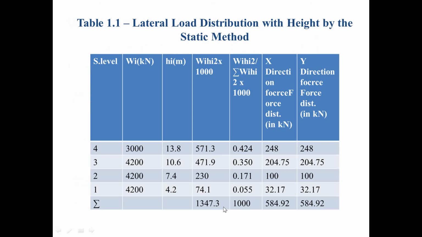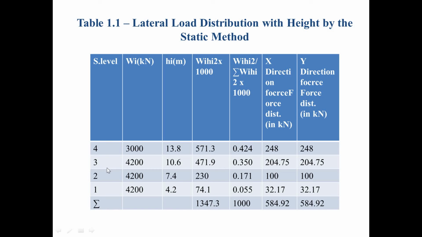Okay, so next is lateral load distribution with height by static method. So initially we have to consider the story level. We have to consider from top to bottom. Fourth story, that is the roof story, then third story, second story, first story. Okay, we have to write the weight which is already given in your numerical. Then Hi we have to calculate very carefully. Hi, the uppermost height is 13.8.